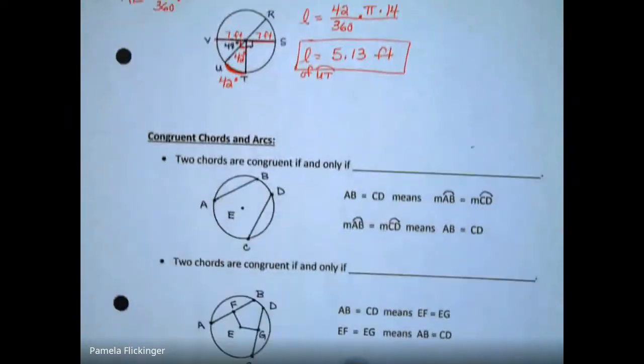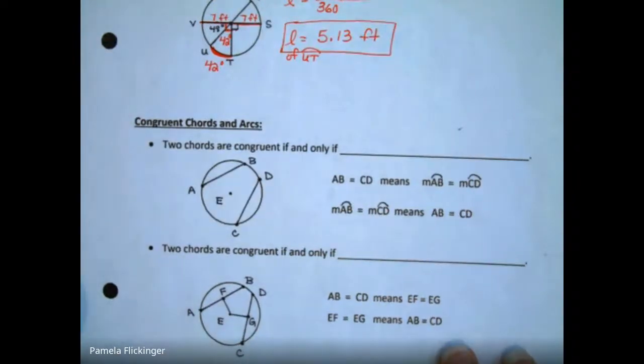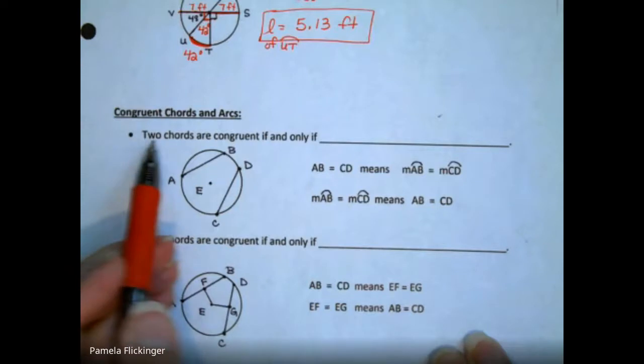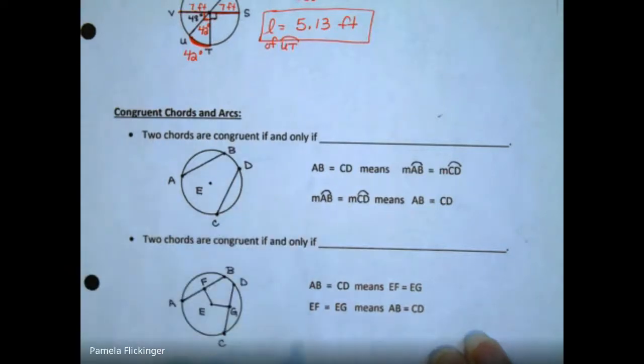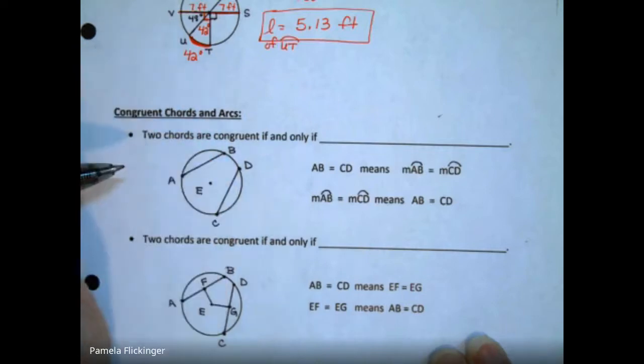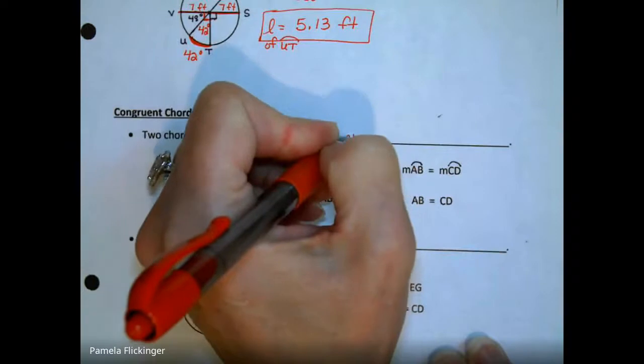We also need to talk about congruent chords and what that does to the arcs. This first rule says 2 chords are congruent if and only if their intercepted arcs are congruent.